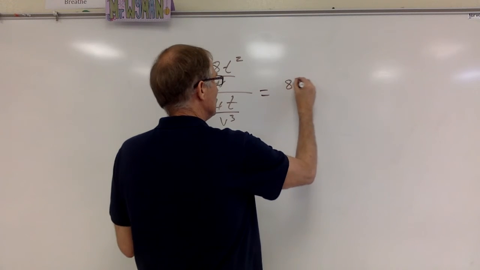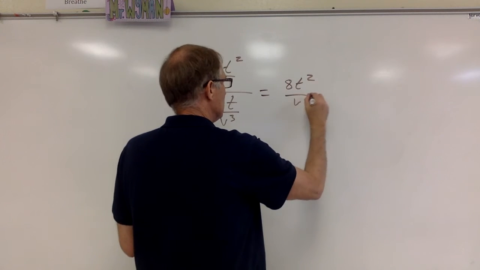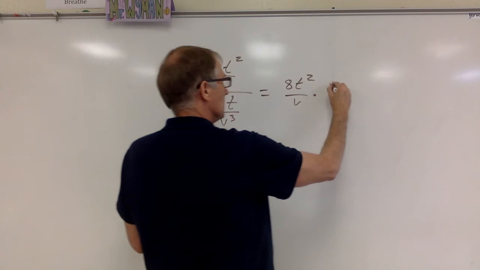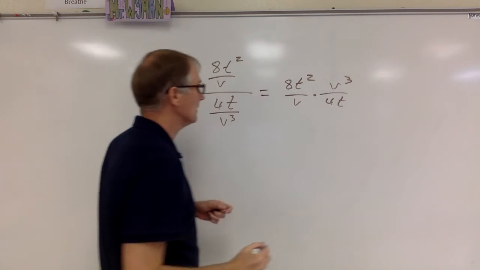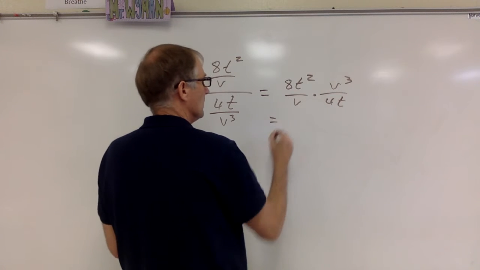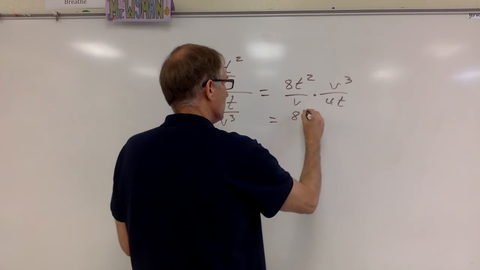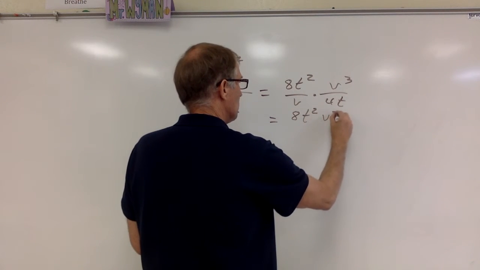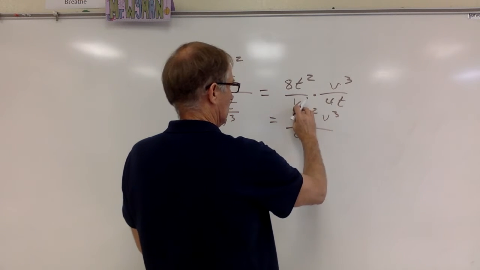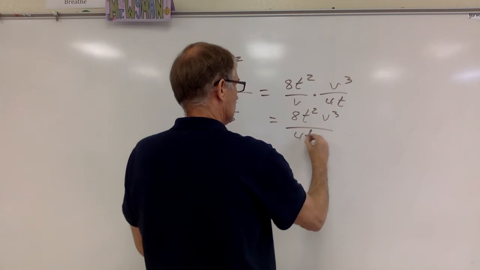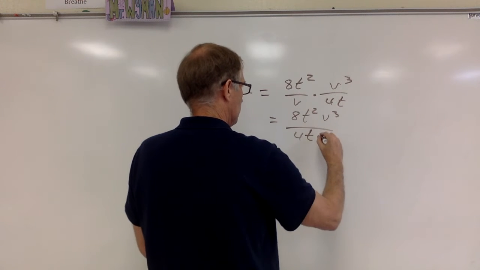So that's going to be 8t squared all over v times v cubed all over 4t, which is 8t squared v cubed all over 4t times v.